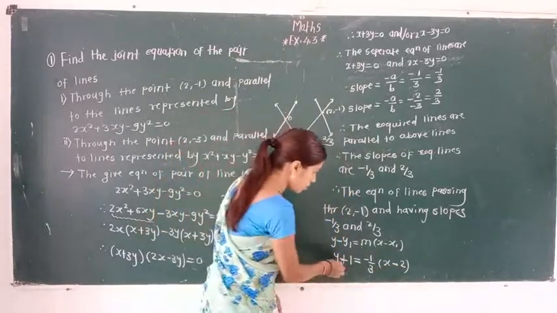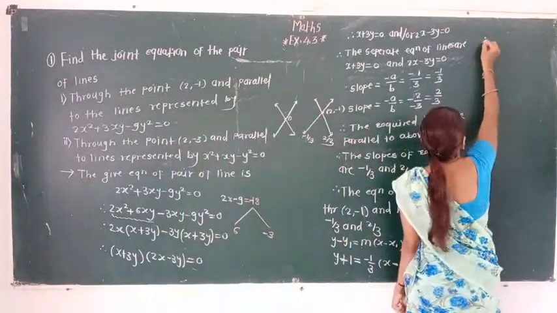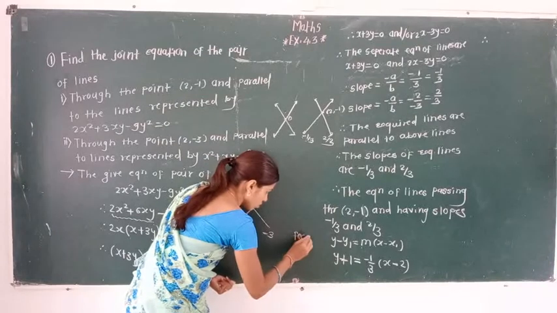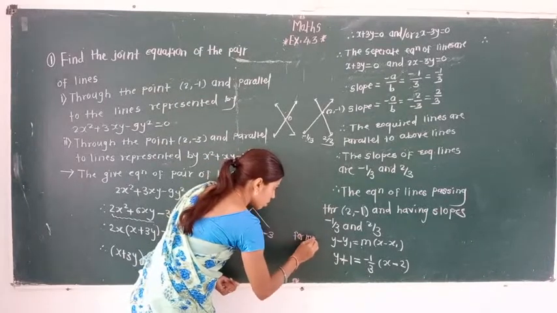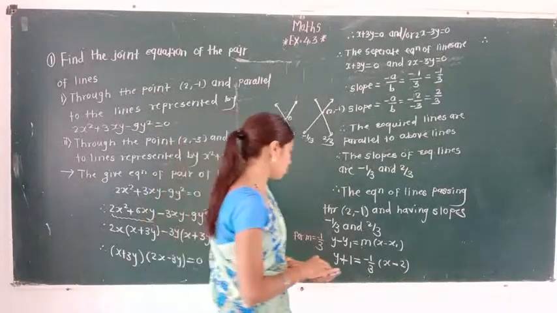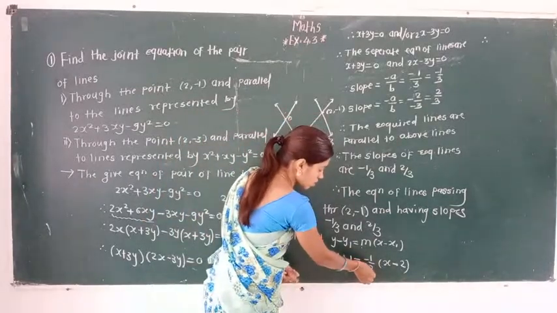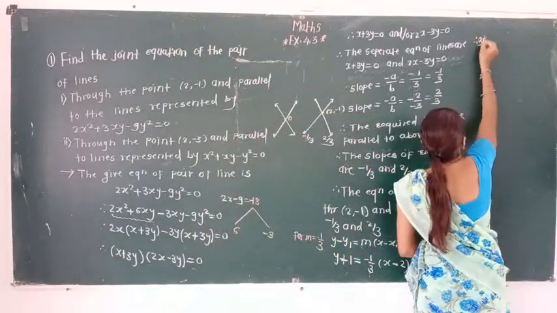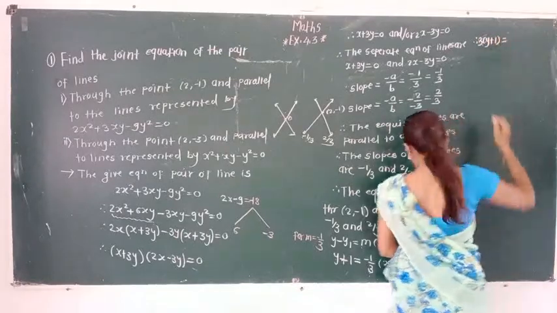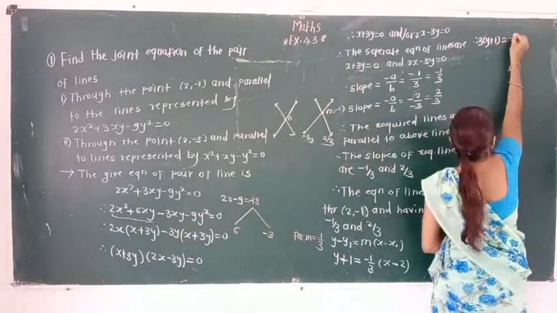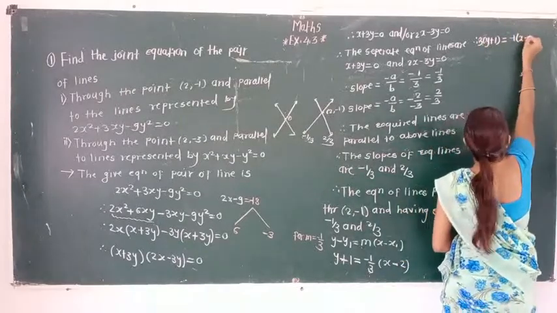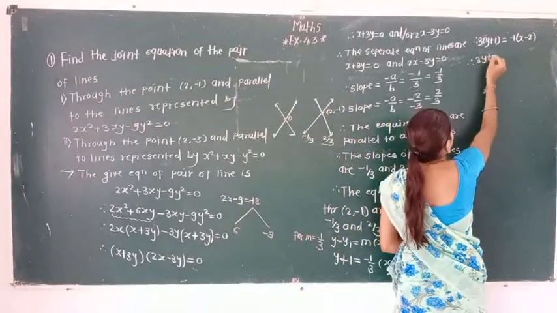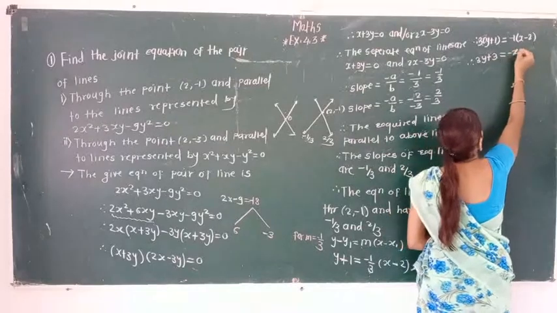Now simplify this equation. For m equal to minus 1 by 3, take 3 to the left hand side. We can write 3 in bracket y plus 1 is equal to minus 1 in bracket x minus 2. Simplifying, 3y plus 3 is equal to minus x plus 2.